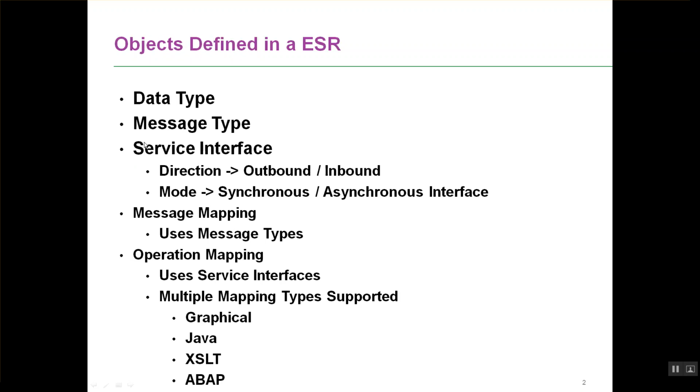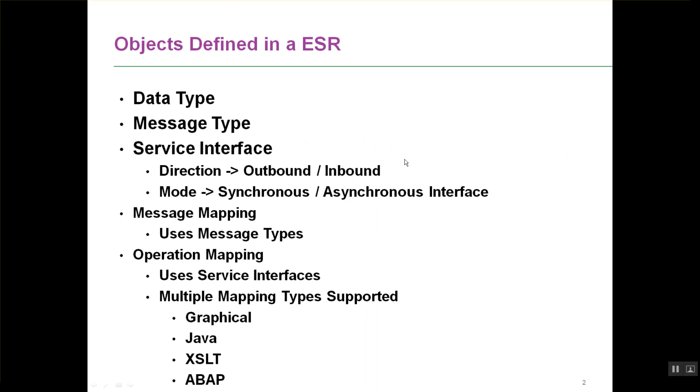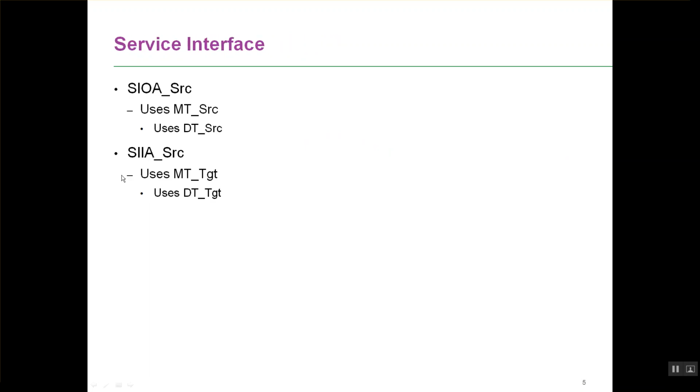If you go back to the first slide, remember, we are going to define one outbound interface and one inbound interface, and both of them are asynchronous. So you are going to define those service interfaces here. The service interface uses the message type which you defined, and the message type in turn uses the data type.